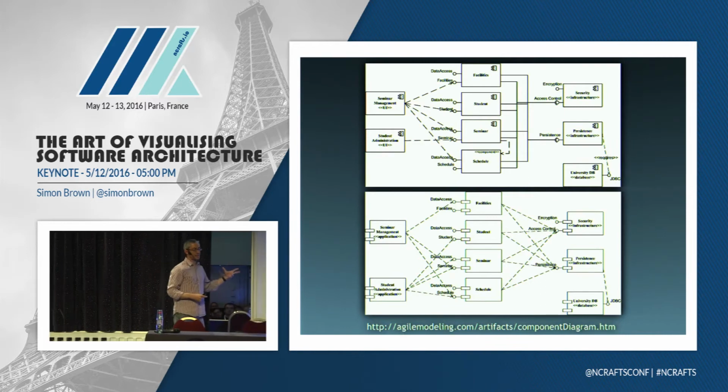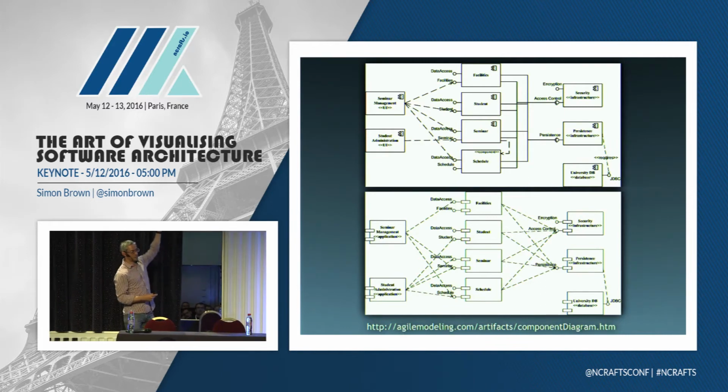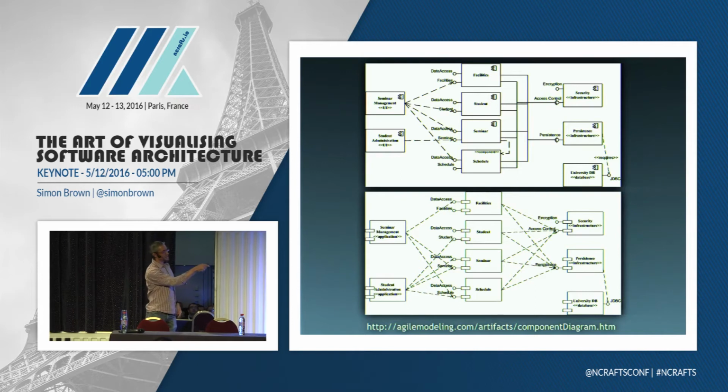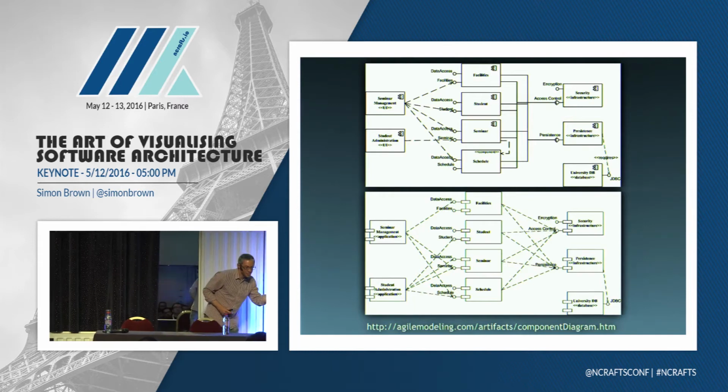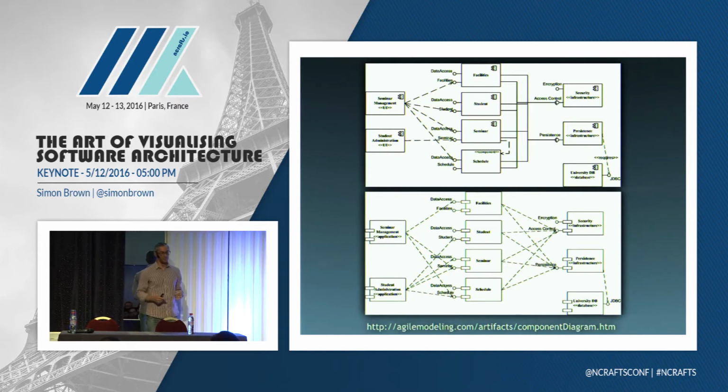These diagrams are kind of weird. On the top one, you can see that we have UI components. On the bottom one, they're called application components, but they look like the same thing. On the bottom right corner, there's a database component. And the stuff in the middle is like a facilities, student, seminar, schedule component.